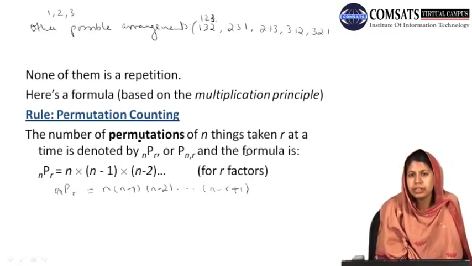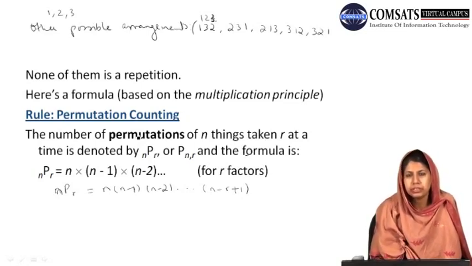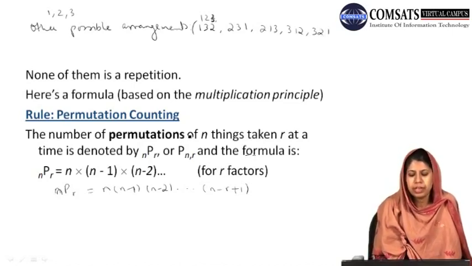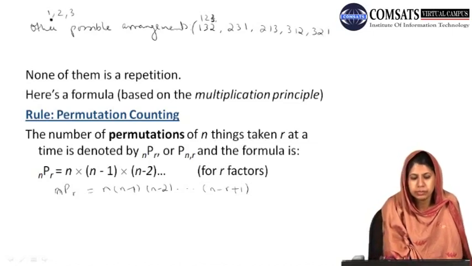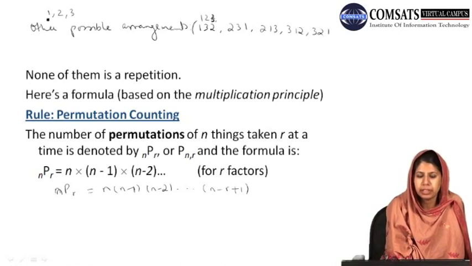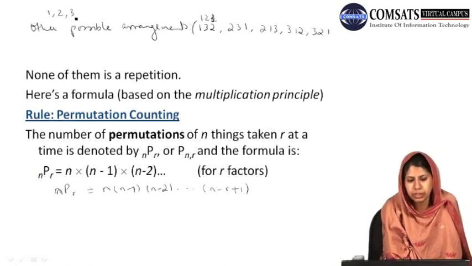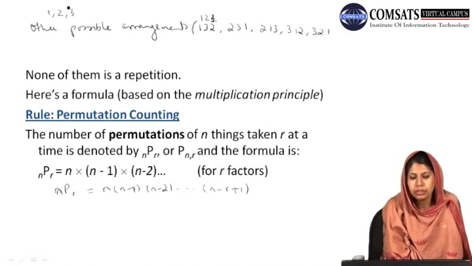So if we are given a set with some number of items and we are asked to find the permutations or the possible arrangements, suppose we have a set of 3 items 1, 2 and 3, and we are asked to find the number of possible arrangements, or the permutations, taking all the 3 items at the same time, then these basically represent our permutations.